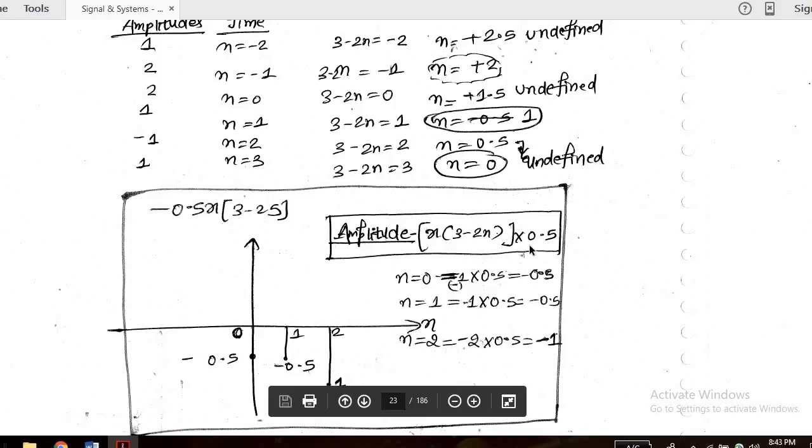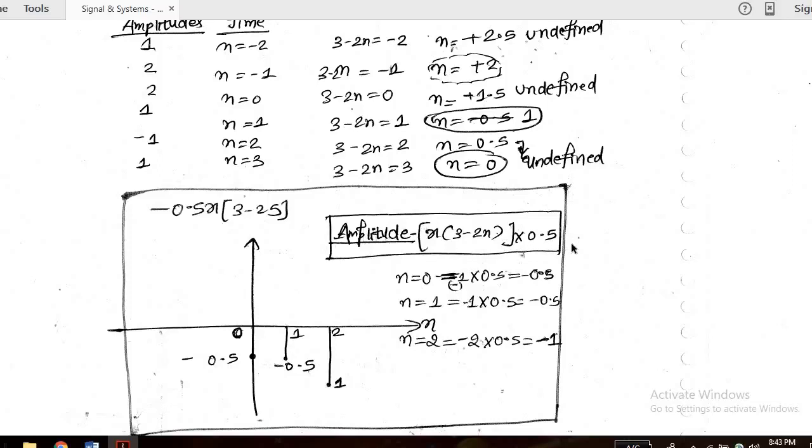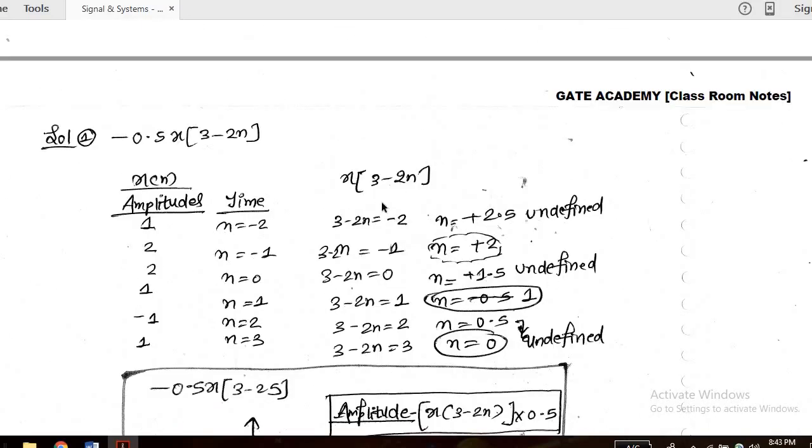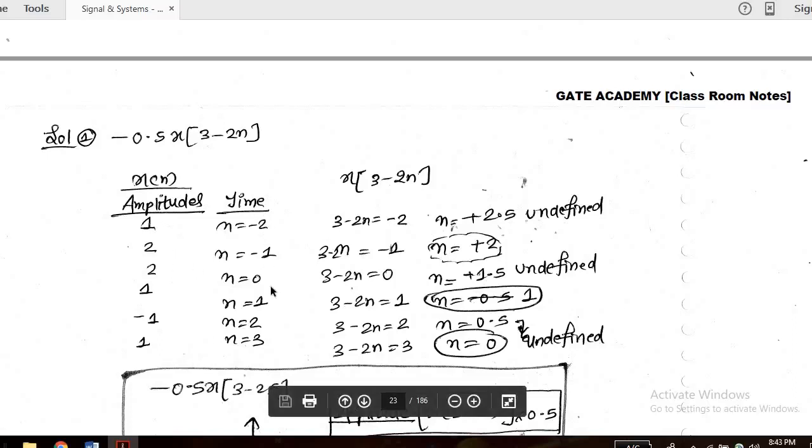So earlier amplitude, each sample value is multiplied with minus 0.5. There is no confusion in that. But to find x of 3 minus 2n, you need to follow any one method. Here a mathematical approach is used. He has written the sample amplitude values and the time occurrences of these. Now you replace n by 3 minus 2n.